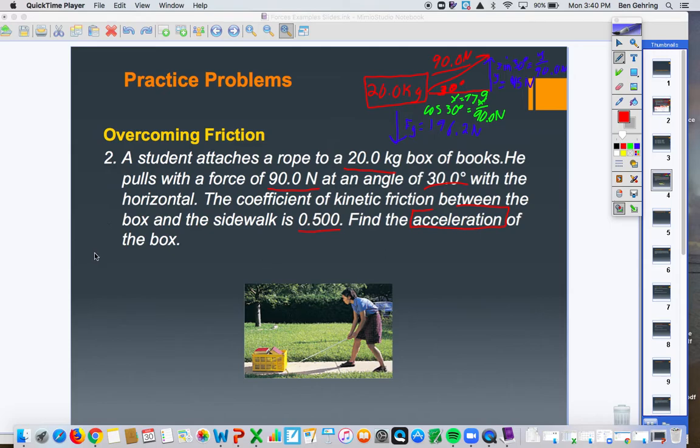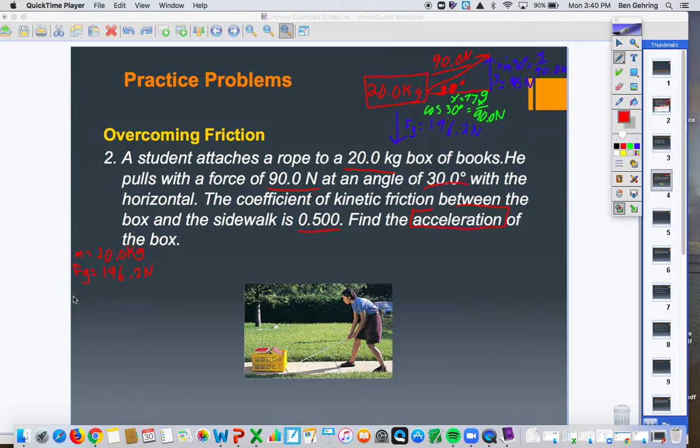So I have a mass equals 20.0 kilograms. I know that my force due to gravity is equal to 196.2 newtons.